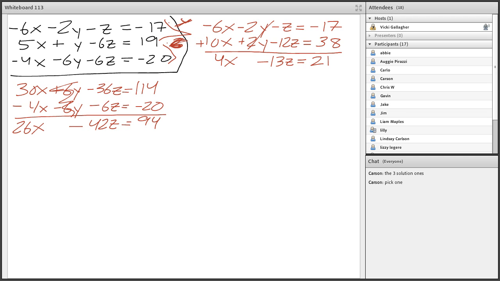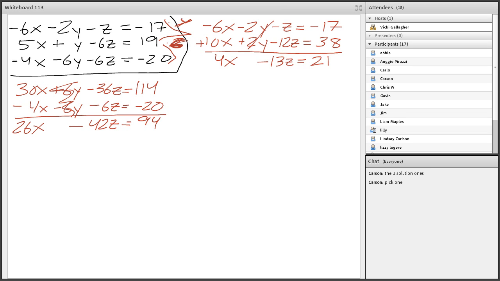Next, we have two red equations, and they both have only x's and z's in them. So now we're going to take these two equations and cancel out either the x or the z. And again, it doesn't really matter which one you want to cancel. You get to pick. So I'm going to cancel the x's just because 4 and 26 seem like smaller numbers than 13 and 42.